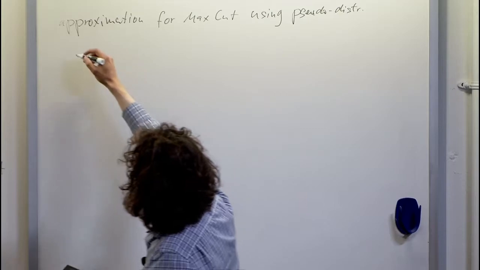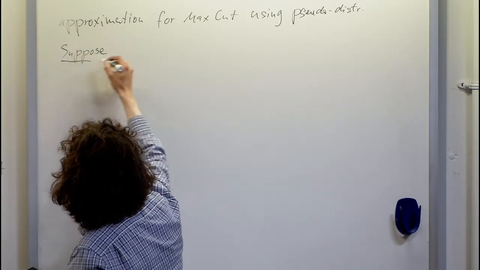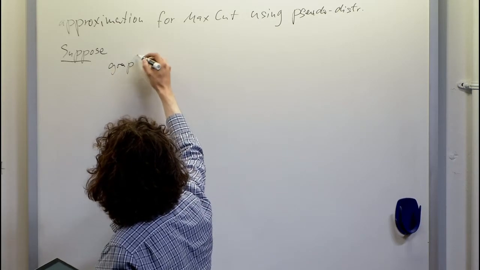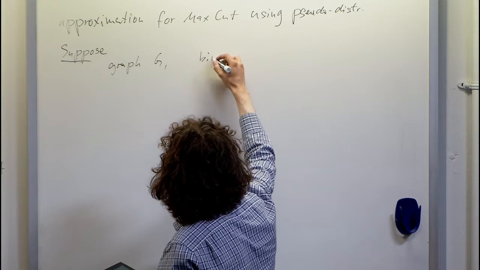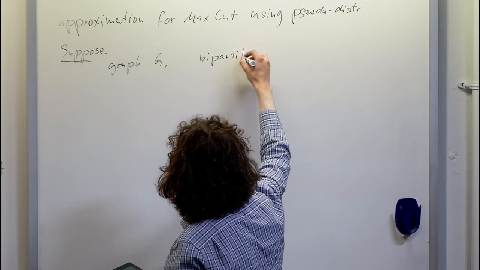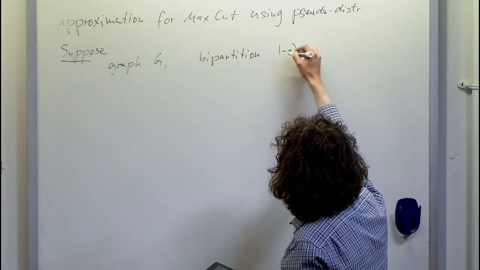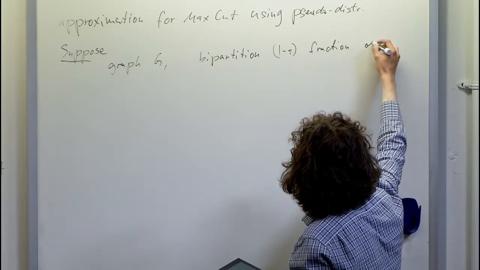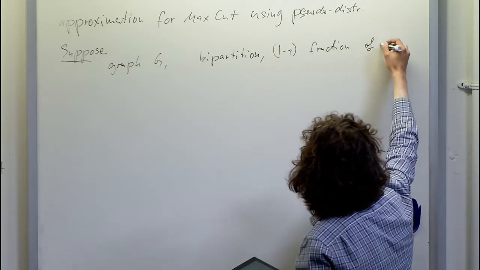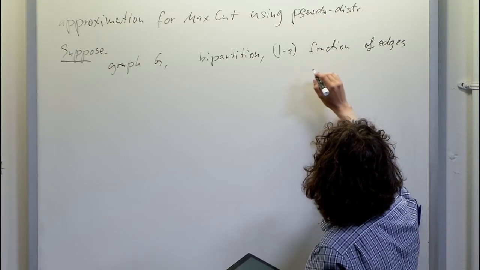Okay, so suppose that we have a graph G, and it has a bipartition with 1 minus epsilon fraction of edges crossing. So 1 minus epsilon fraction of the edges of the graph cross this bipartition.